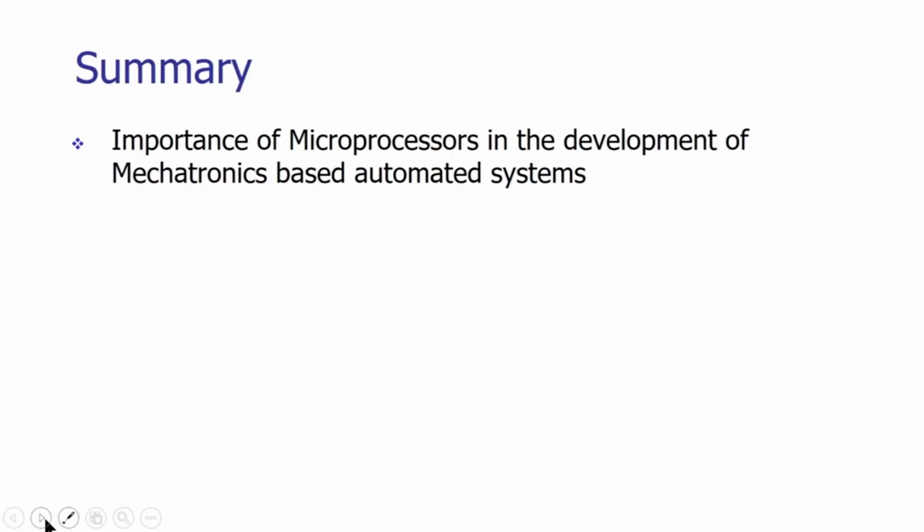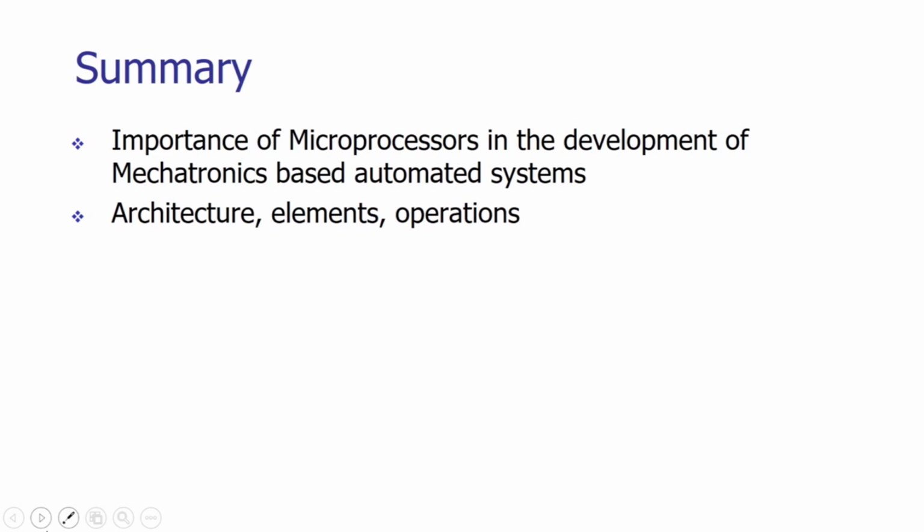Fine, let us summarize this lecture 4. Friends, we have seen the important building block of a typical mechatronics based automated system, that is the microprocessor. We have seen its importance. The microprocessor is the brain of the automated system. We studied the architecture of a microprocessor. We have seen its elements, various modules.